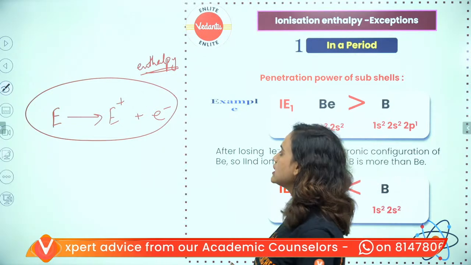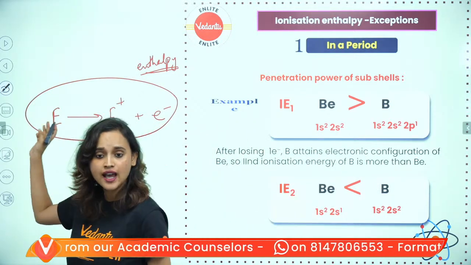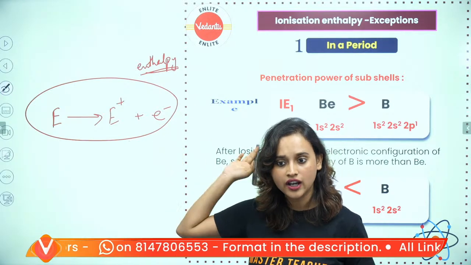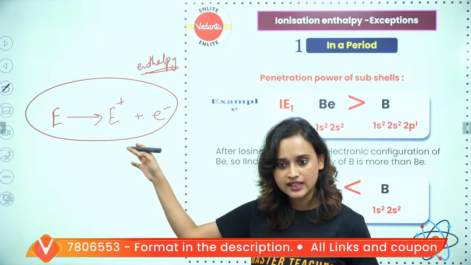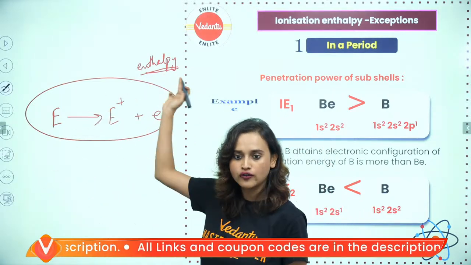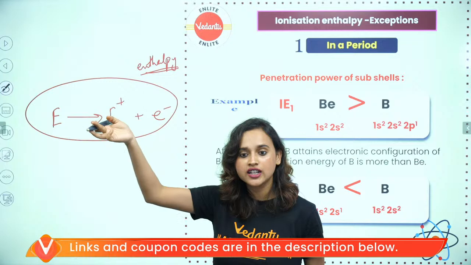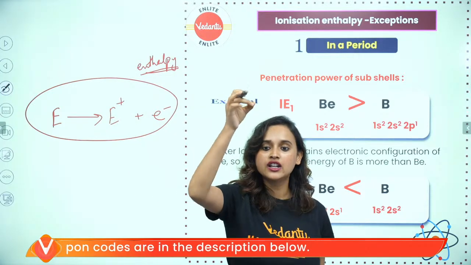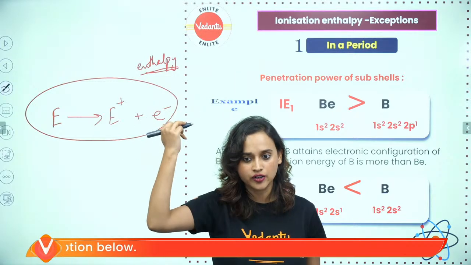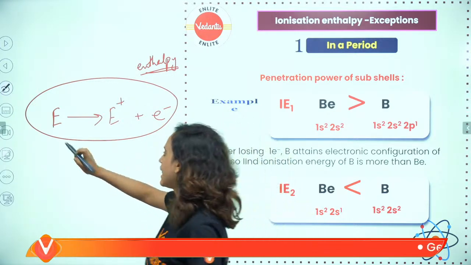Have we all understood this? Ionization enthalpy, ionization energy. Enthalpy is the net heat content of a system, and ionization energy was the minimum energy given to an atom to take one of its electrons. Understood? Great. Thank you so much.